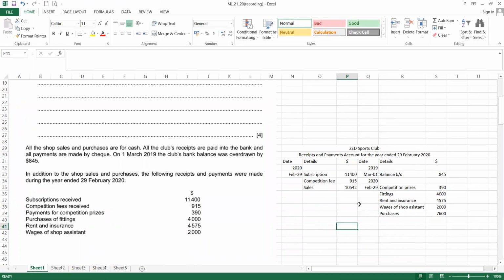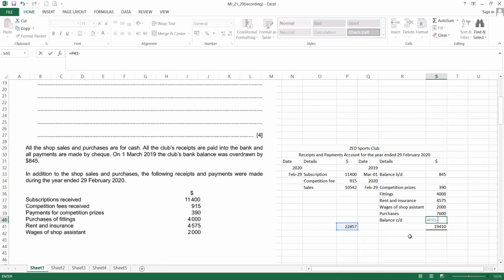Now we need to check whether debit is more or credit is more. In this question, we have debit more than credit. So we should have the balance carried down on the credit side, and balance brought down on the debit side.